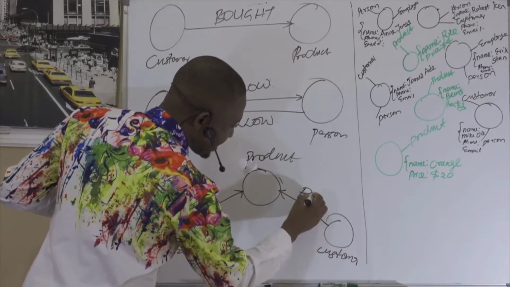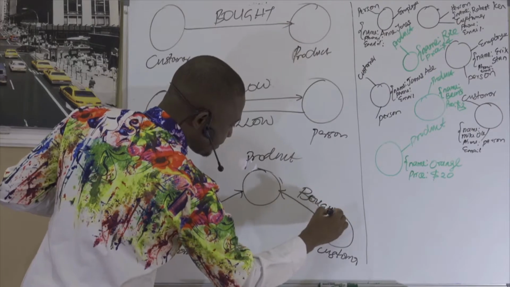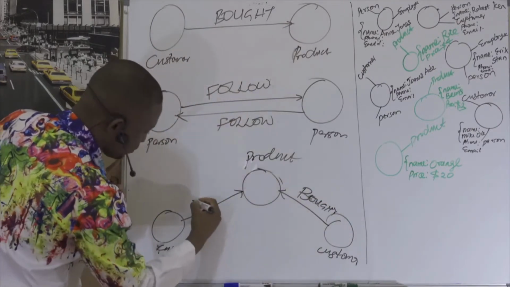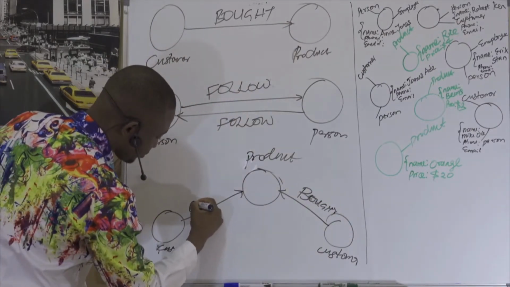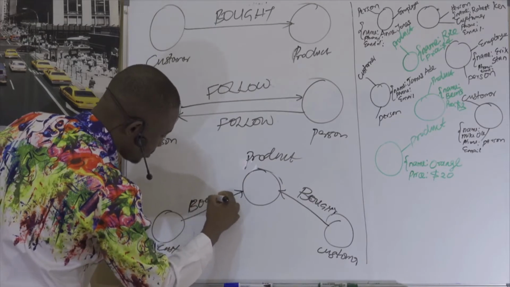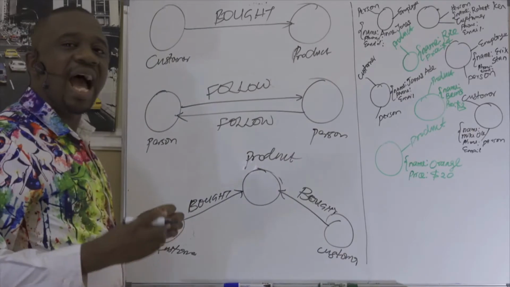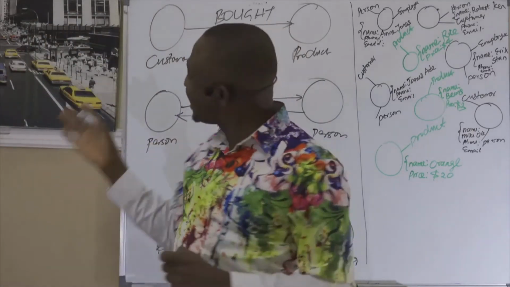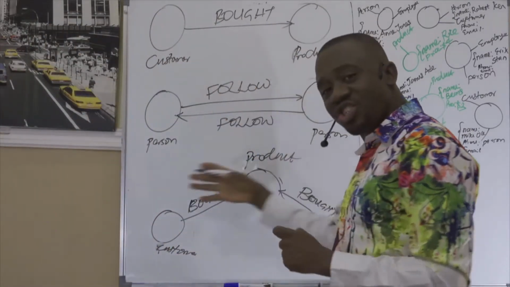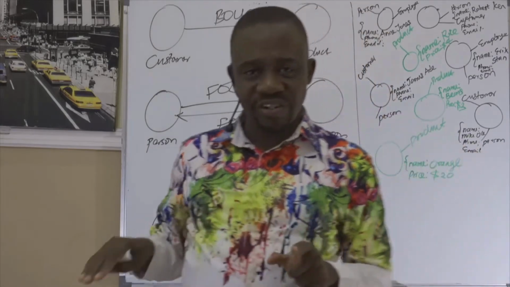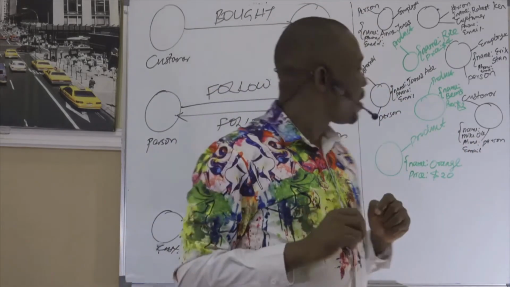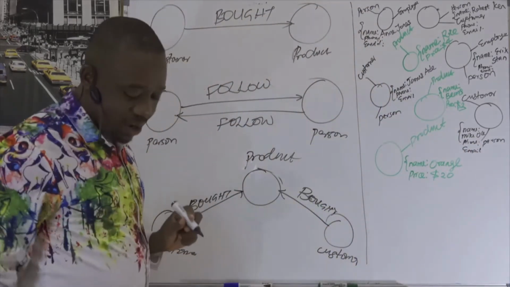Let me use a capital letter. This customer also bought this product. Bought and bought. How do you represent this type of relationship in queries? That is in Cypher. That is what we want to look at now.